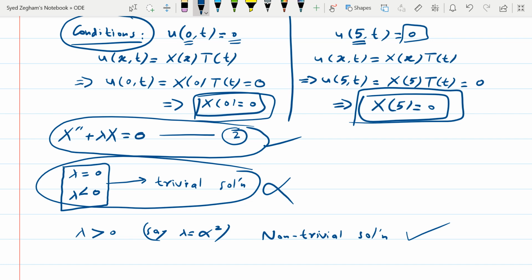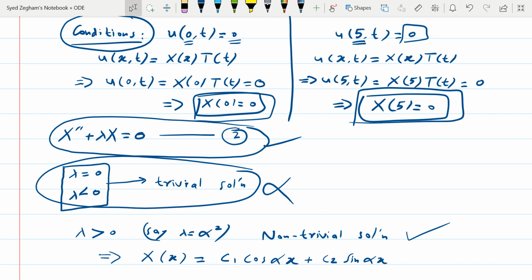And in this case, the Sturm-Liouville eigenvalue problem discussion also led us to this solution, that X will be equal to C1 cosine alpha x plus C2 sine alpha x.